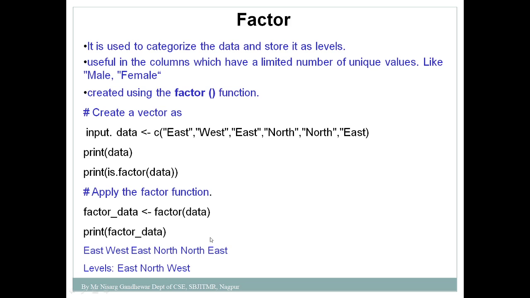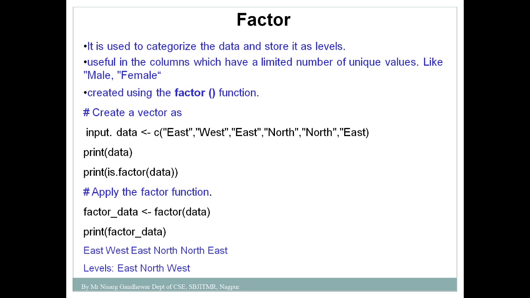It will output all the data which is present in the vector, as well as it will show the levels. Levels means the different values available in that attribute. Suppose you consider gender as an attribute, for which levels can be male and female. So similarly, factor is used to categorize your data and store it as levels.